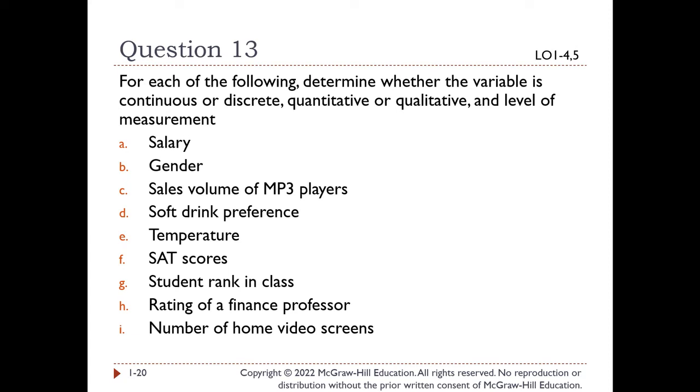SAT scores, again, quantitative, we have numbers. Alright, so SAT scores, again, we're looking at quantitative at an interval level. Again, 0 actually still keeps the characteristics because you can make a 0 score.